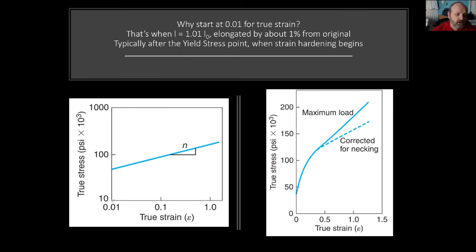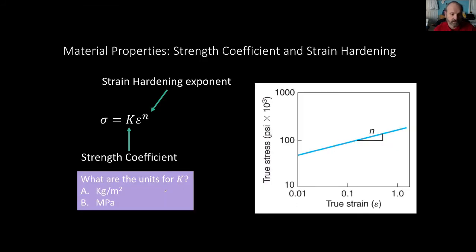So after about 1% or so of stretching this material, you start to get out of the elastic region and into the region where you yield, and you start getting plastic deformation and also what's called strain hardening. So this graph is used to study strain hardening.